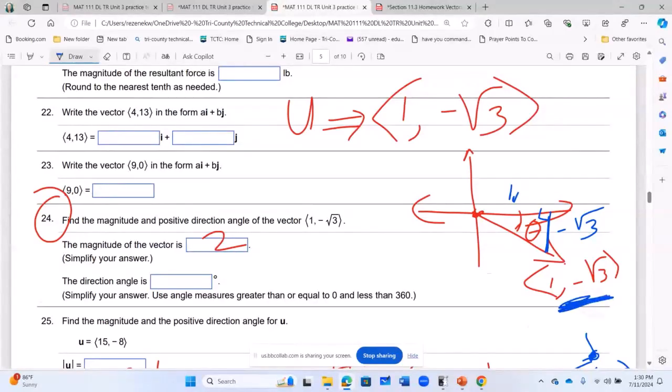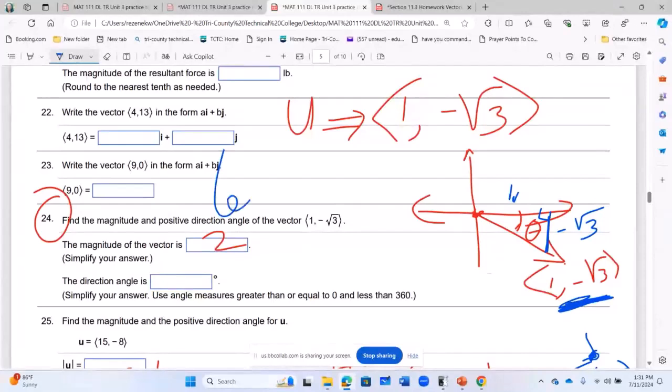If you're told to write it in trigonometric form, then it becomes 1 cos angle. I don't have the angle here. When I finish, I'm going to write it. So now I'm looking for the angle theta. I have the opposite, I have the adjacent, so I can use tangent.